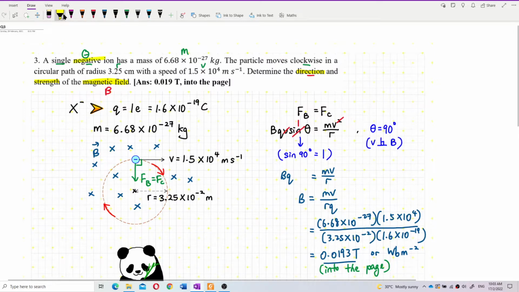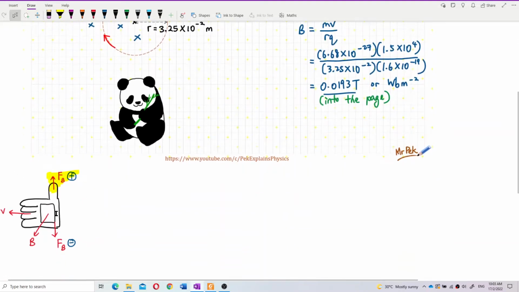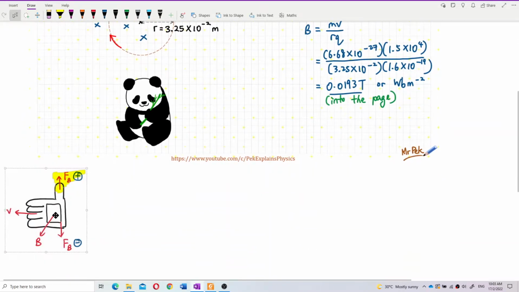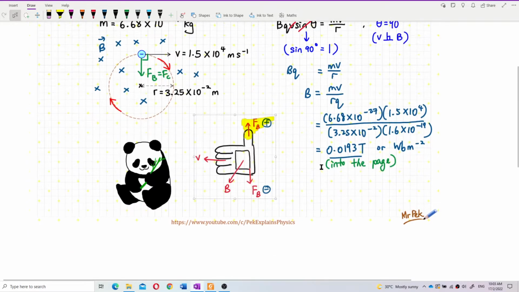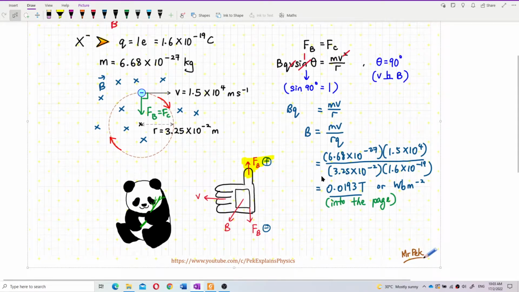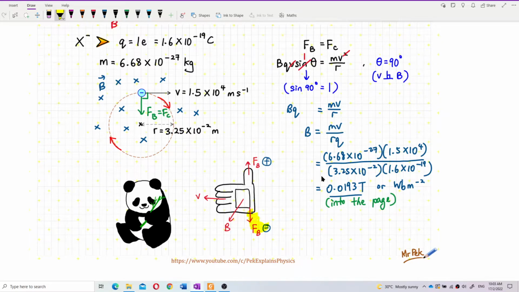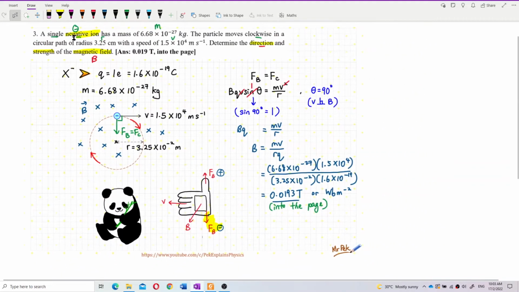So for this case, we are going to use the opposite of the thumb. Understand? Because this one is a negative ion, so a negative charge.